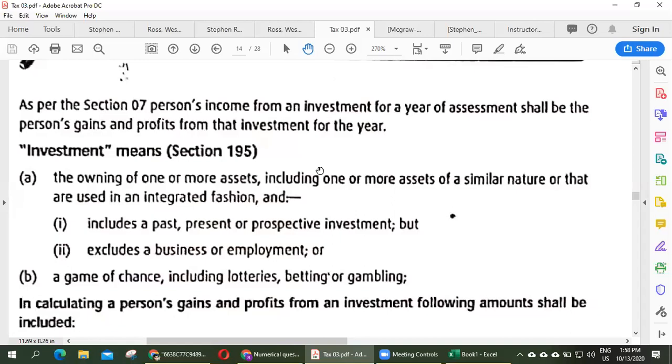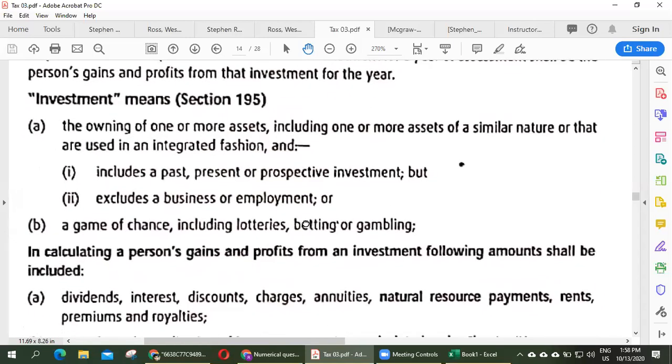And a game of chance, including lotteries, betting, or gambling, is also included as investment income. So lotteries like Mahajana Sampatha and Vasana Sampatha also come under investment income.